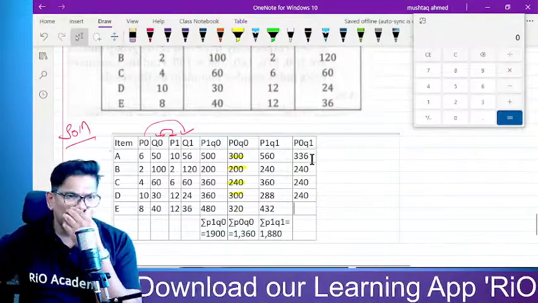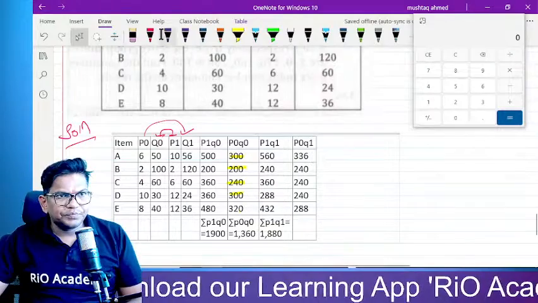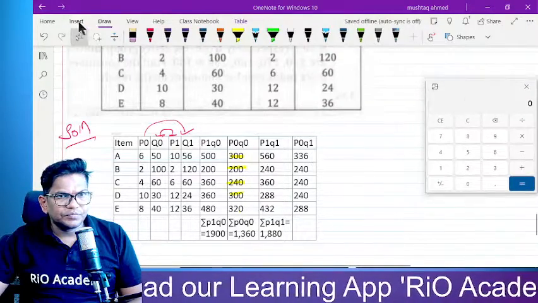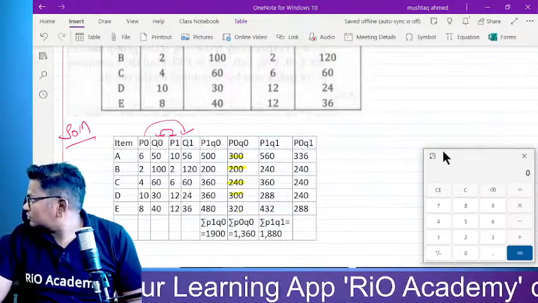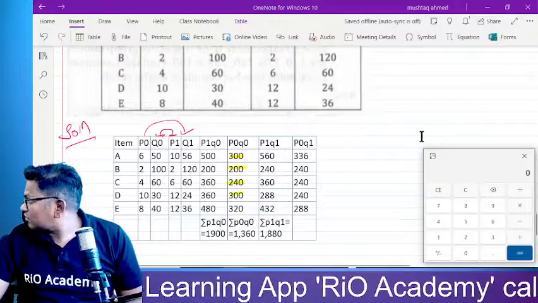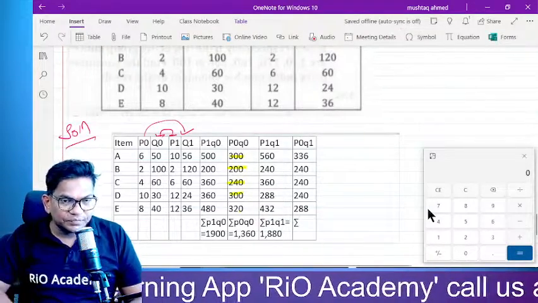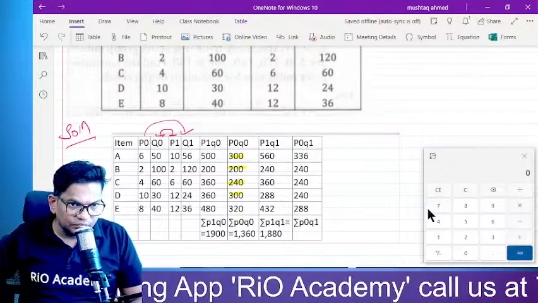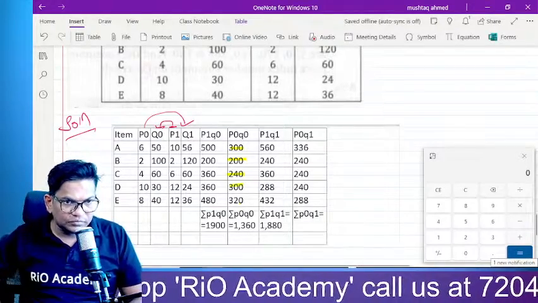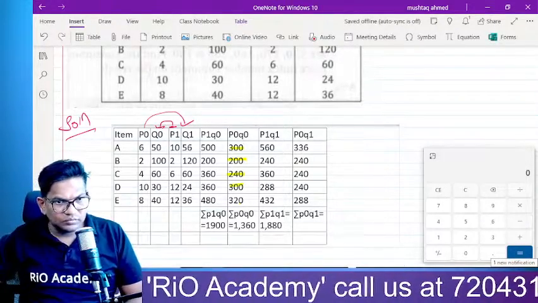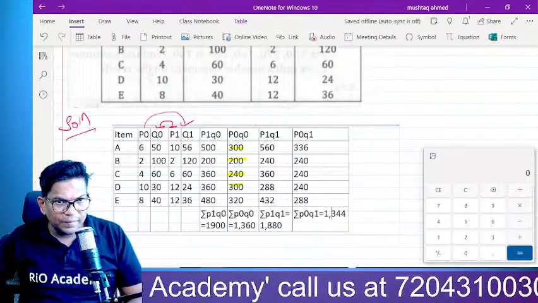And the last, 36 into 288. 288. Which one? 1344. 1000, 344. 1344.